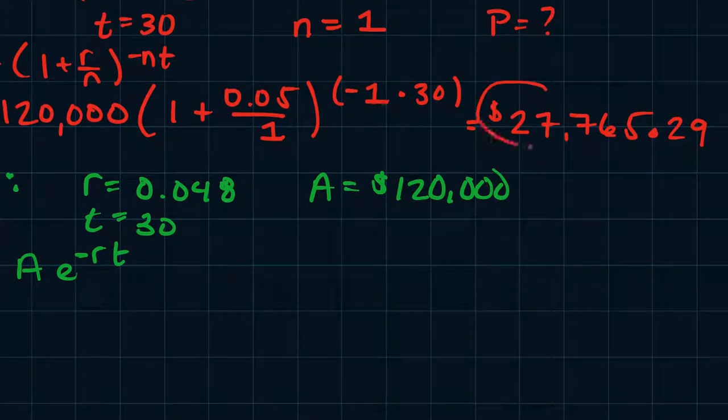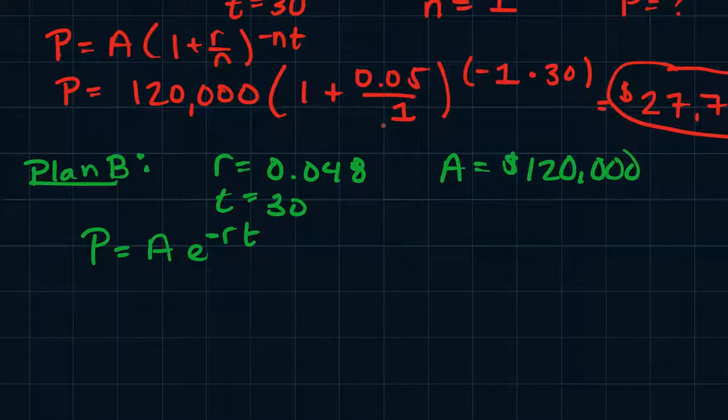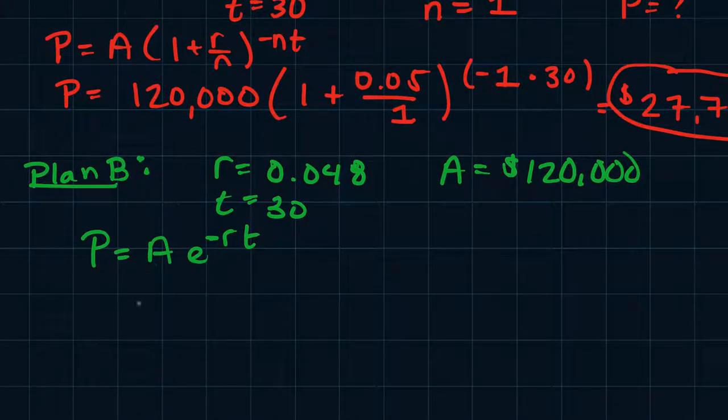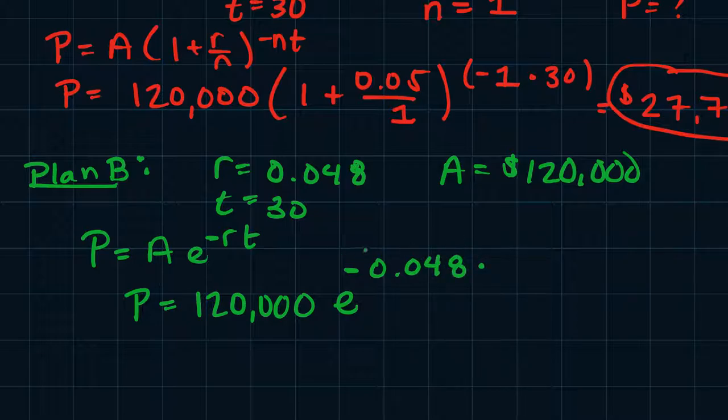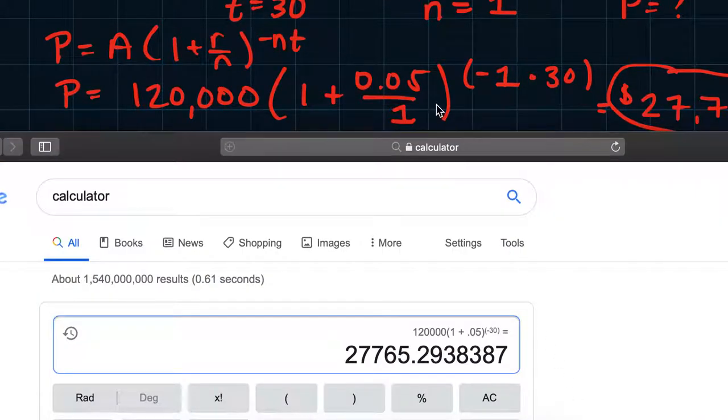Let me circle that so it's easy to reference. Let's do Plan B. So P is going to be the 120,000, e to the negative, well, our rate is 0.048 times T, which is 30. Remember, all of this needs to go into parentheses in the calculator.